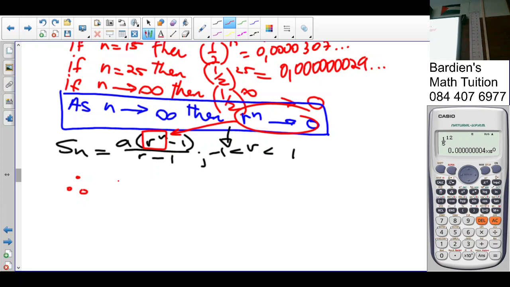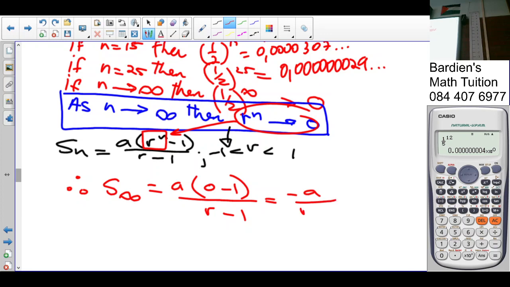That is therefore S infinity, the sum to infinity, is equal to a into r to the n is what? 0 minus 1 over r minus 1. So in other words, on top here what do we have? 0 minus 1, negative 1. So on top you will have negative a over r minus 1.